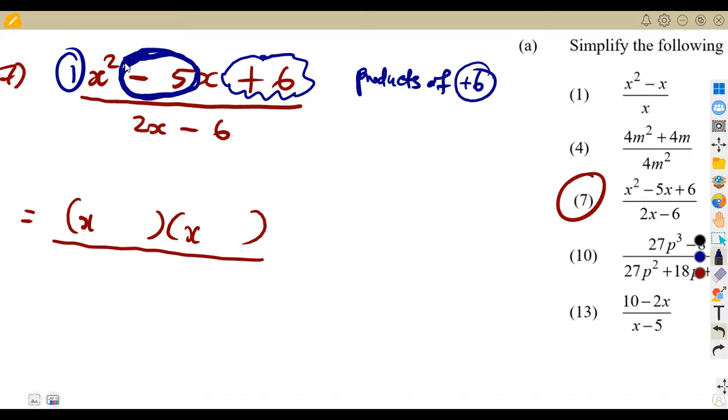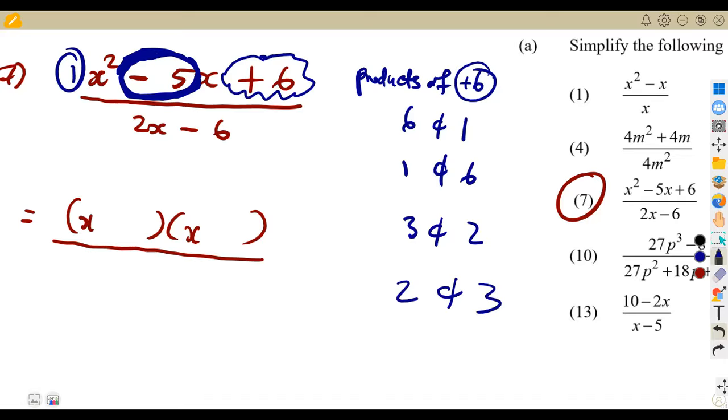Since the number to be obtained is a negative, it means on the factors of 6, consider these as negative. Yes, you can have 6 and 1, or 1 and 6, in whichever way you want to write it. You can have a 3 and a 2, or a 2 and a 3, but these are just the same terms that you are considering, 6 and a 1, or a 1 and 6.